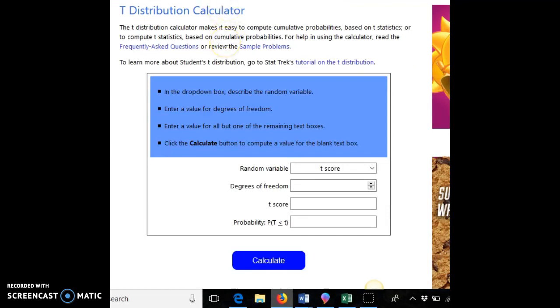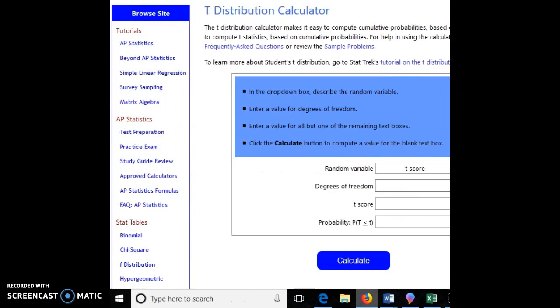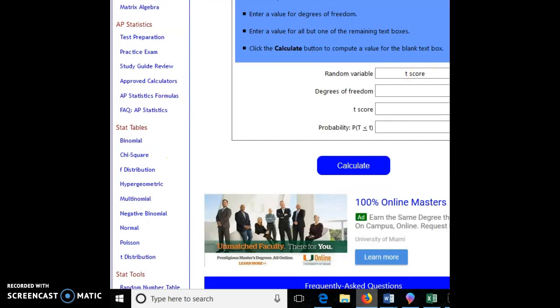And when you go to the StatTrek website, you'll see this little thing over here on the left like this. And we want to go down to the t distribution. Now, if you are in a later section when you're doing your proportions, you'll want to use the normal distribution, but we're going to use the t distribution.